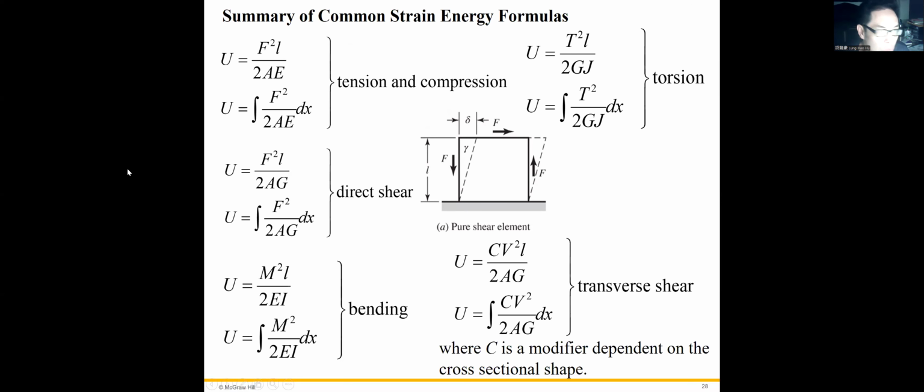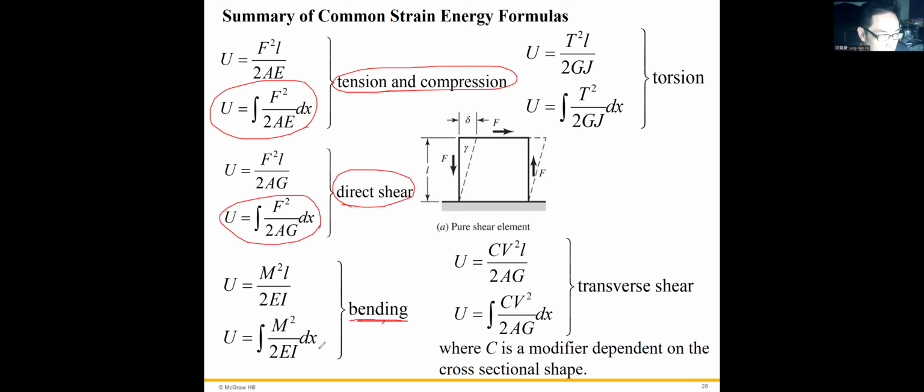Okay, and then we can summarize the strain energy corresponding to the different loading. For the axial load, which is tension and compression, this is the strain energy. For direct shear, pure shear, this is the strain energy. For the bending, this is the strain energy.